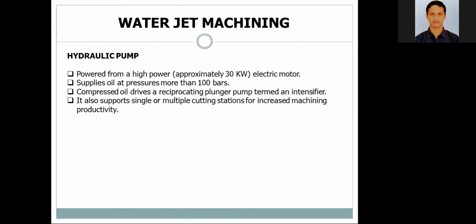It supplies oil at a pressure more than 100 bars to the intensifier. We'll discuss the intensifier in the next slide. Compressed oil drives a reciprocating plunger pump termed as intensifier. It also supports single or multiple cutting stations for increased machining productivity.